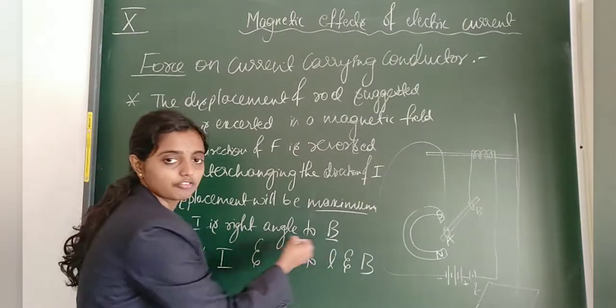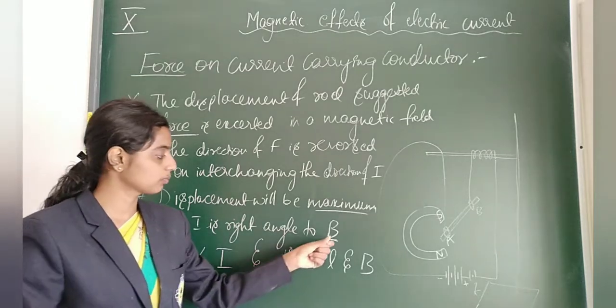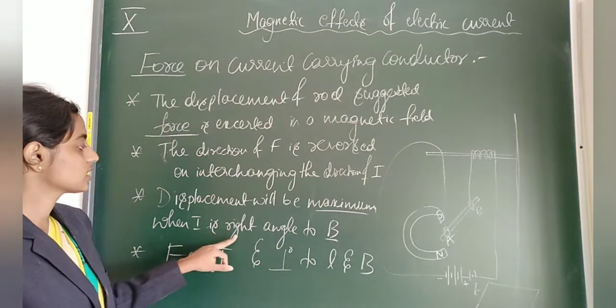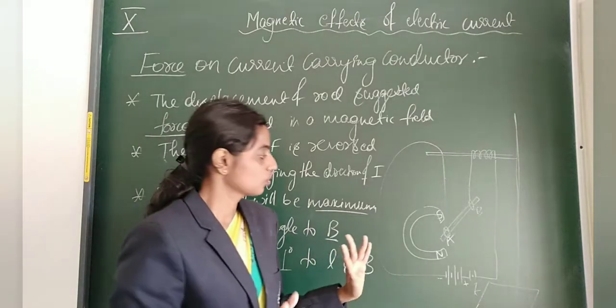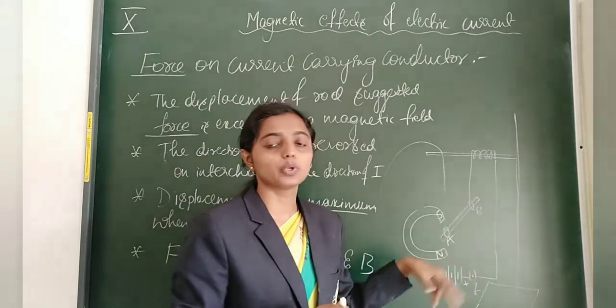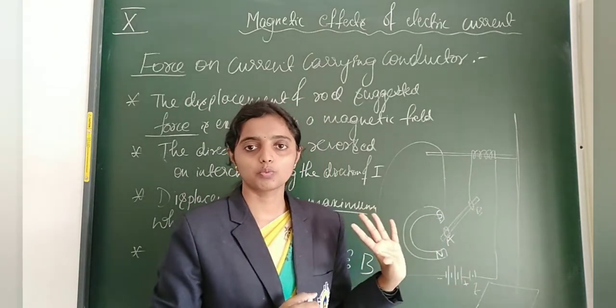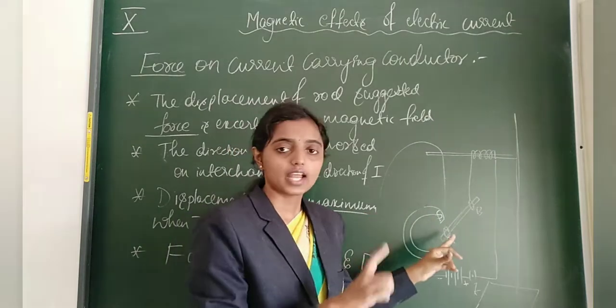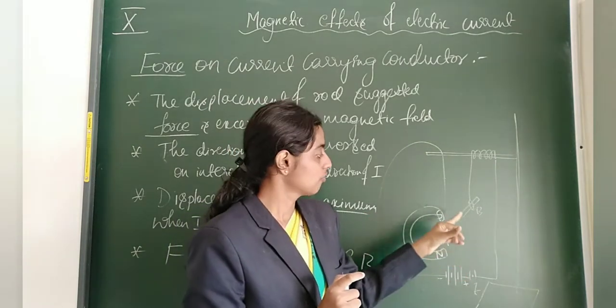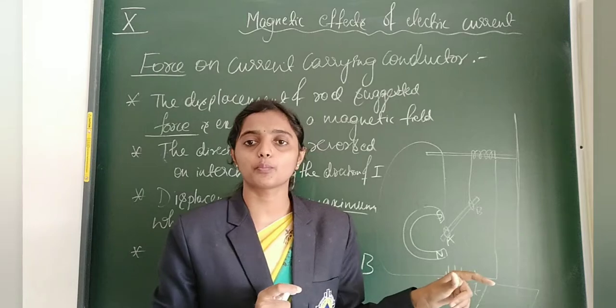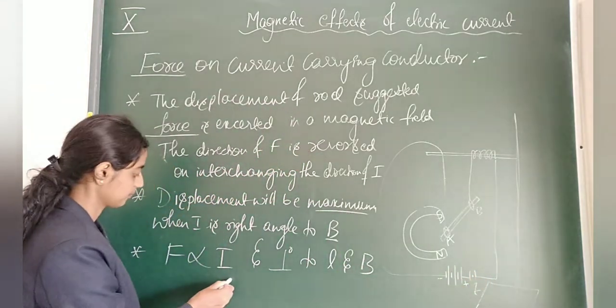Next we can say the displacement will be maximum when the current is at a right angle to the magnetic field. B is nothing but the magnetic field, okay? The displacement will be more when the current is more. So we can say from this point that force is directly proportional to current.